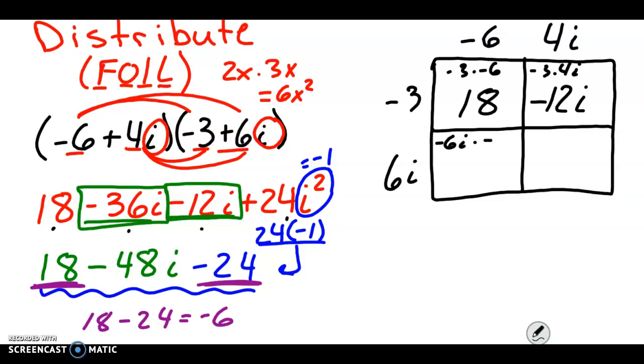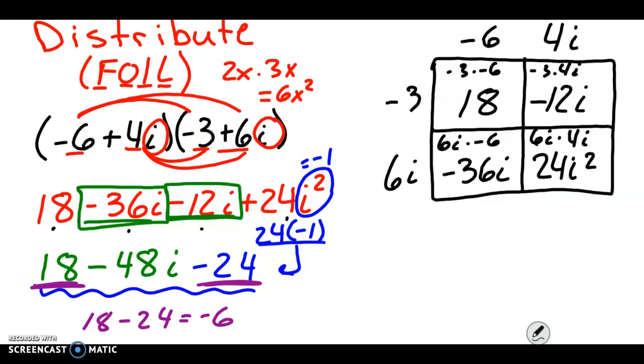Excuse me, that's a +6i, that's my fault. So it's actually 6i times -6, that's going to be -36i. And then 6i times 4i will be 24i squared. Okay?